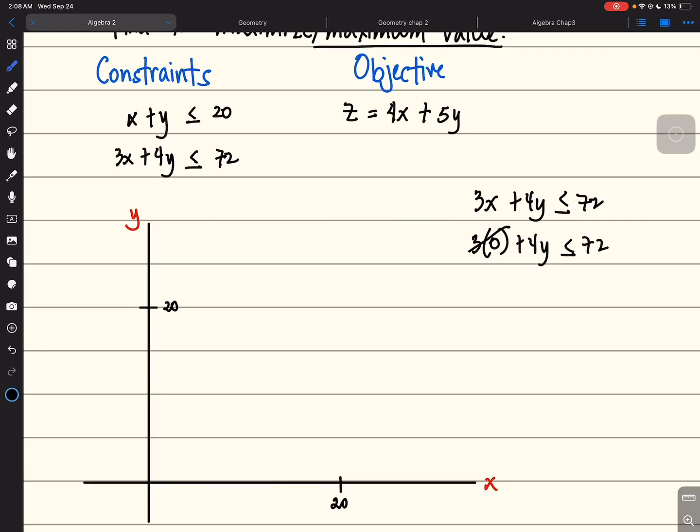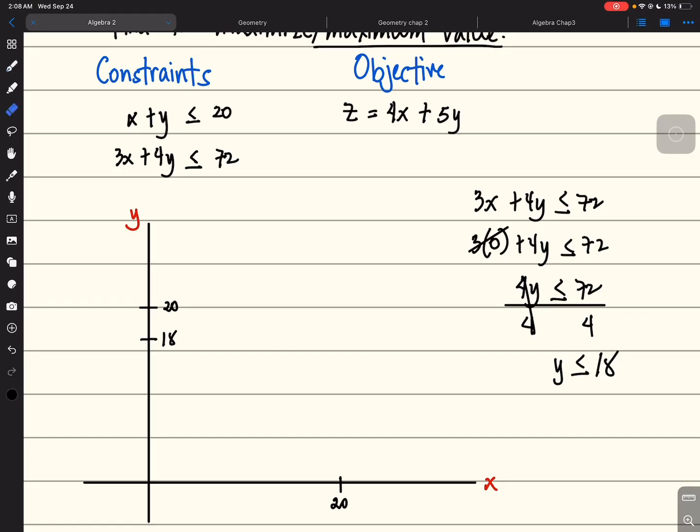So let's eliminate this one. It will remain 4y less than or equal to 72. Let's divide both sides by 4 so that we can get the value of y. So the y is 18. So let's say 18 is over here, 18 for the value of the y-intercept.